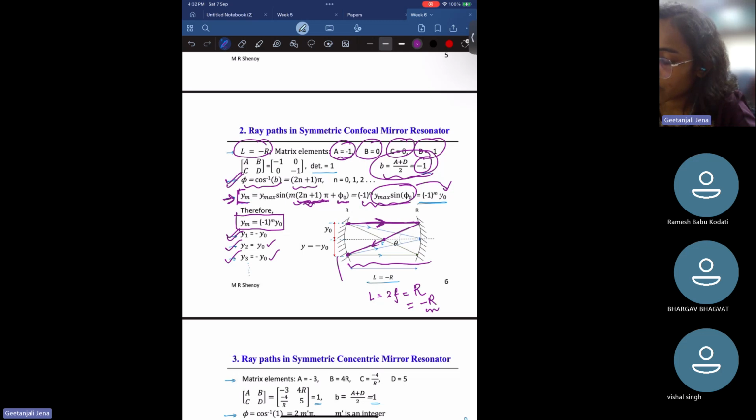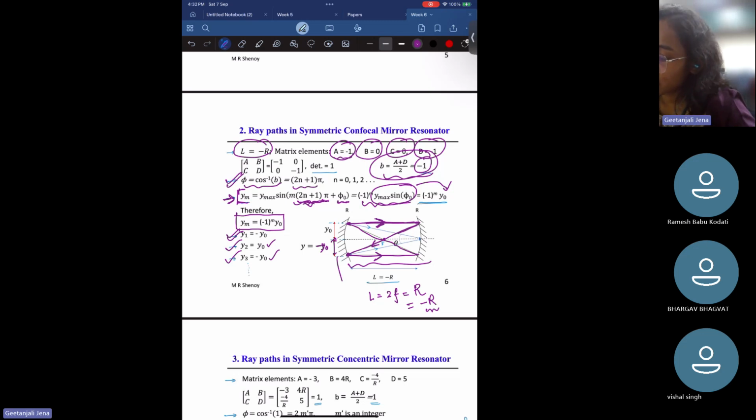After coming here, it will be y1. And you can see from here, y1 is nothing but negative of y0, right? And after reflection, this ray will become parallel to the setup. And this will be reflected to this initial position.